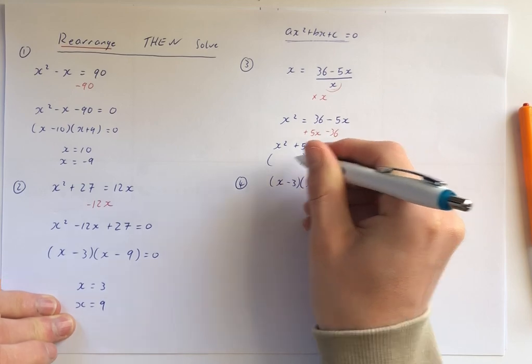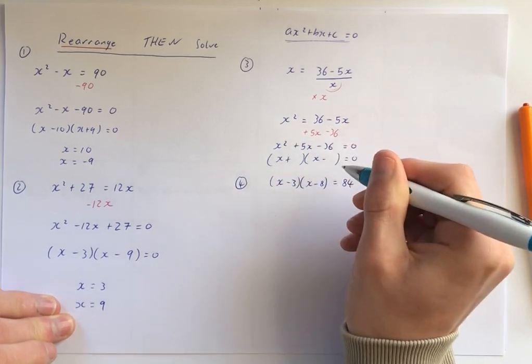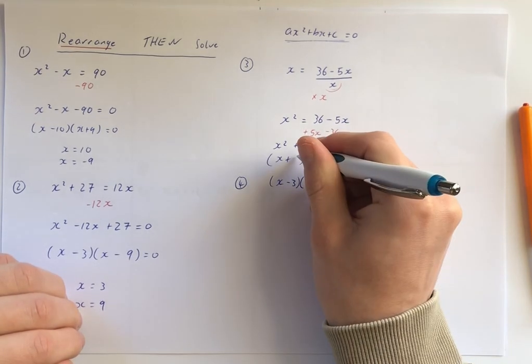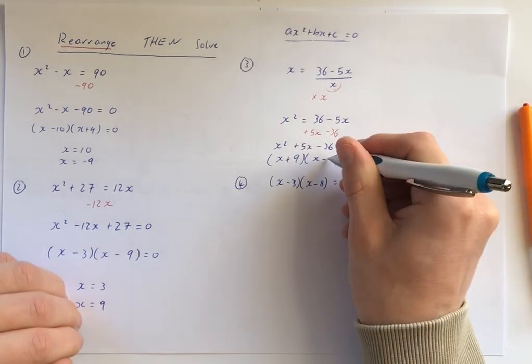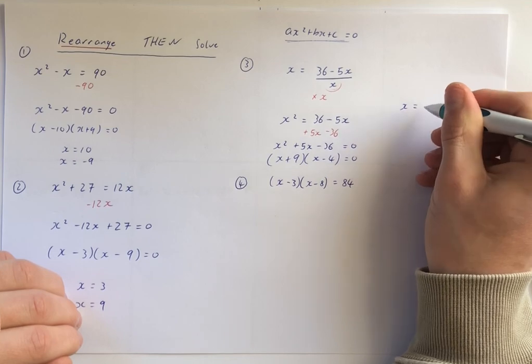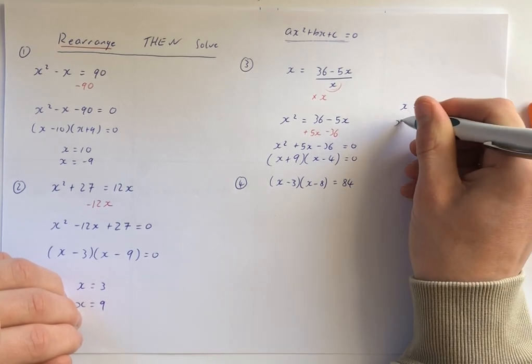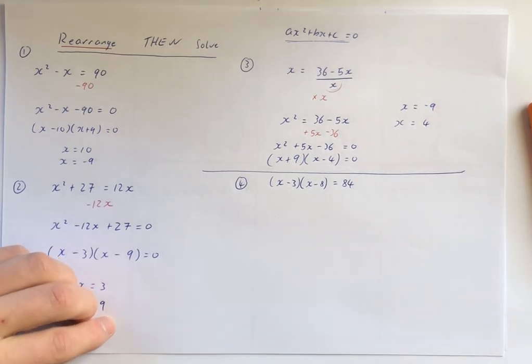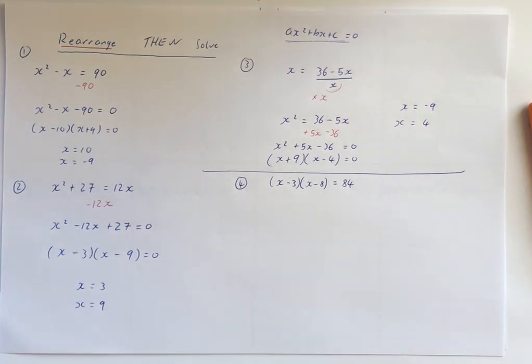We've got a negative number here, so it's x plus, x minus. And I'm thinking 9 and 4, and it's going to have to be positive 9, because I've got positive 5 there, minus 4. Solutions are negative 9 and 4. I'll just do a line there just to separate this question. It's getting a bit cluttered.